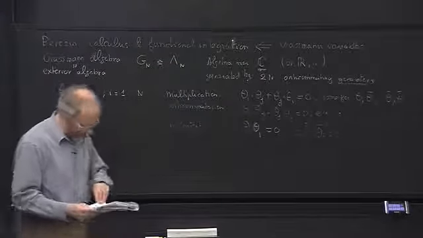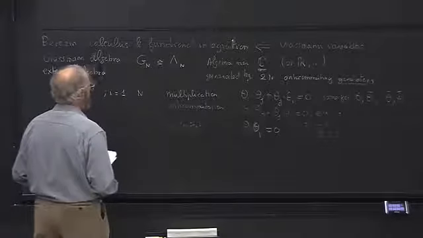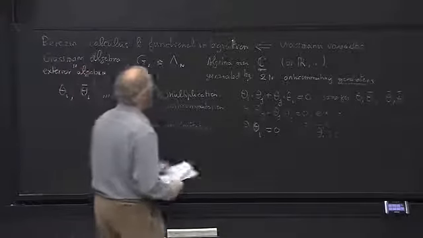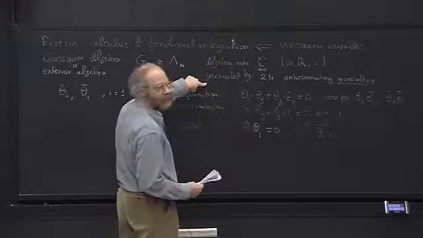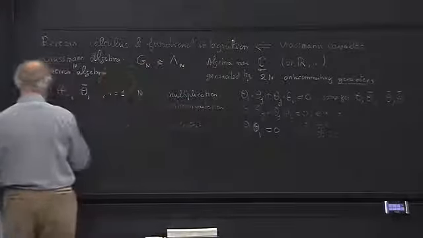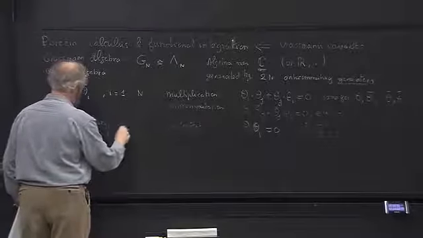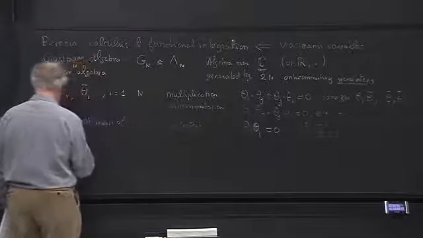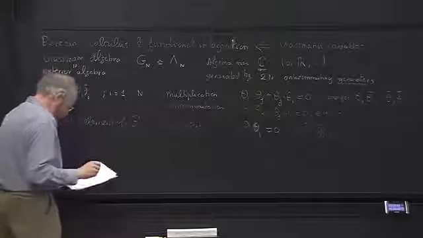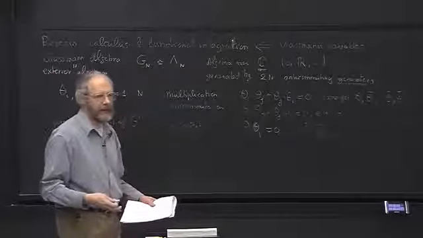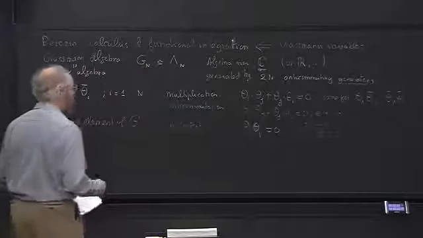And so now the elements of the algebra: this is the algebra generated by the 2n generators. So a general element of the algebra Gn, that we call g, is simply the sum over all the possible terms.